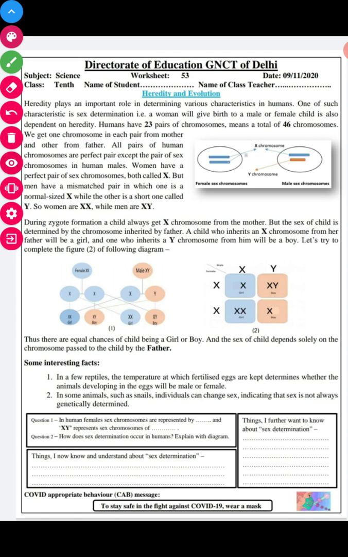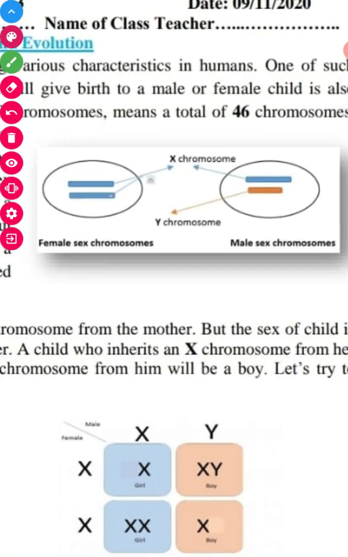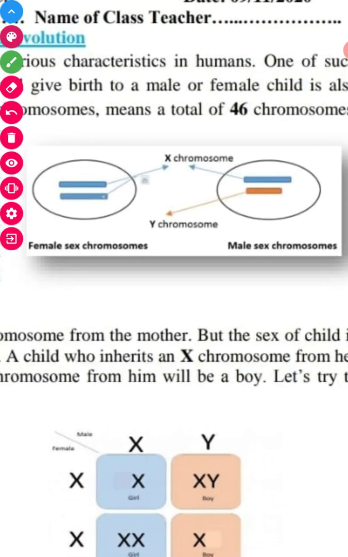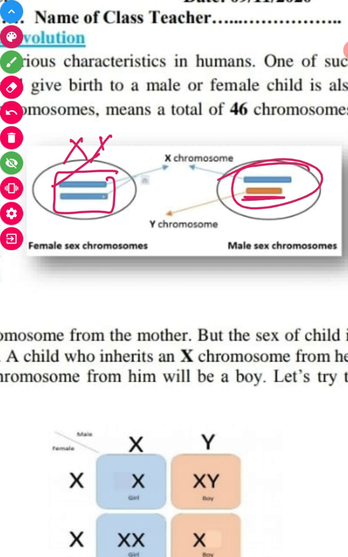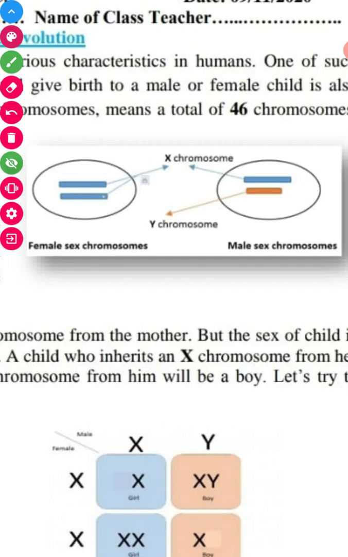I'll show you. See this picture. This is the chromosome of female, X and X, they both are similar, but this is male. See this Y chromosome, it is a little bit smaller than the other one.